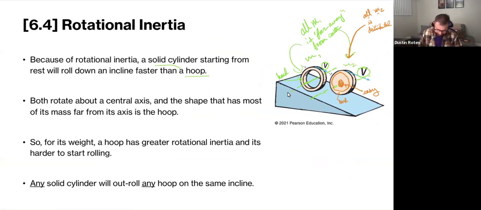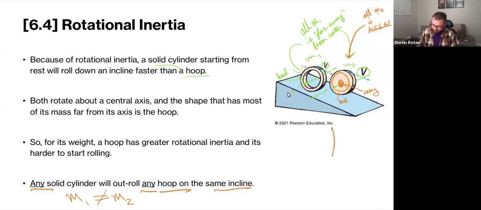So this is wild. Any solid cylinder will outroll any hoop on the same incline. Turns out it doesn't matter if the masses are the same or not. Isn't that wild? Two completely different masses.